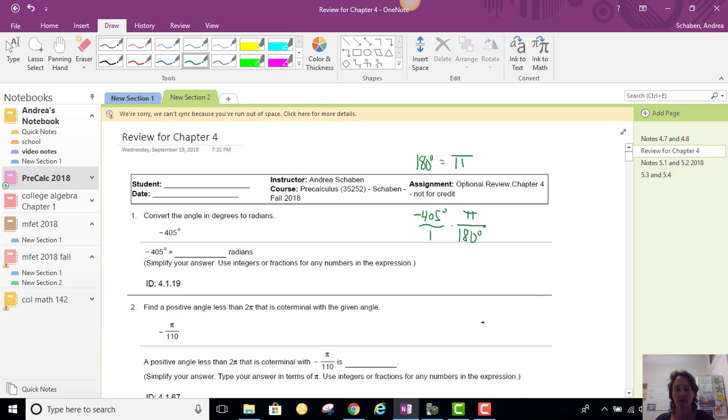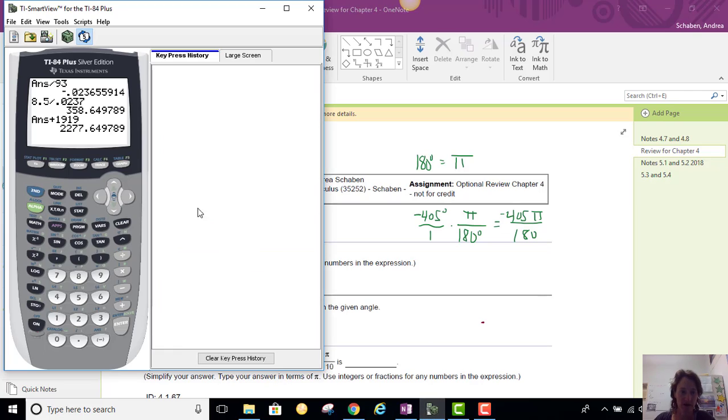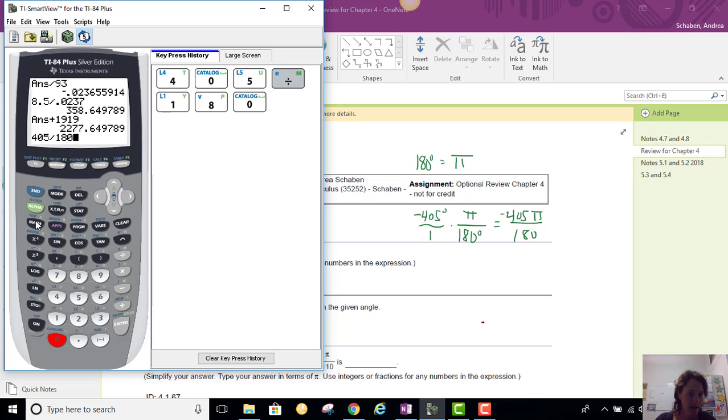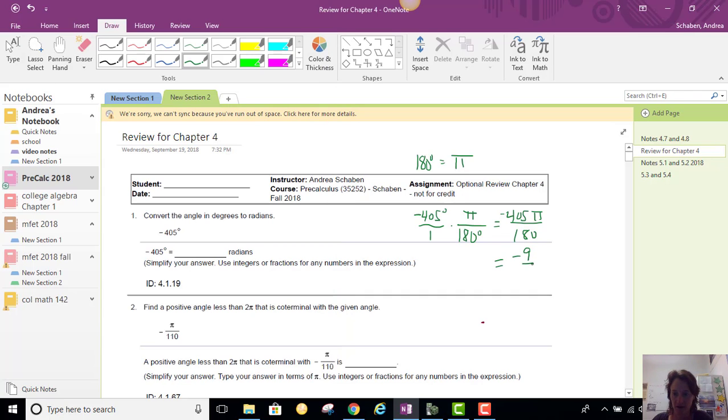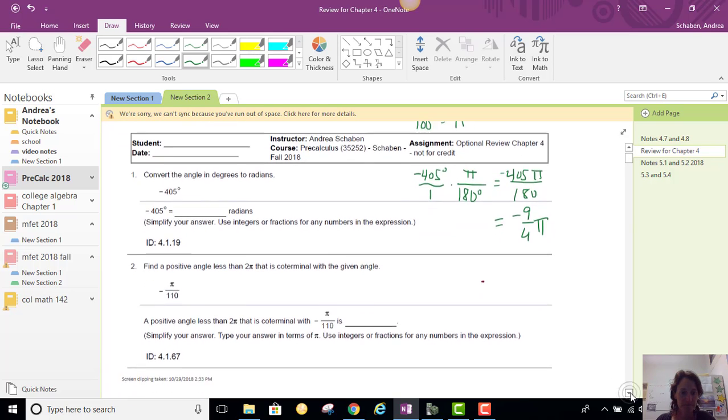So you can either multiply or do proportional reasoning, but that's negative 405 pi divided by 180. Strongly recommend using your calculator for these. 405 divided by 180 as a fraction is 9/4, so negative 9/4 pi is your conversion.